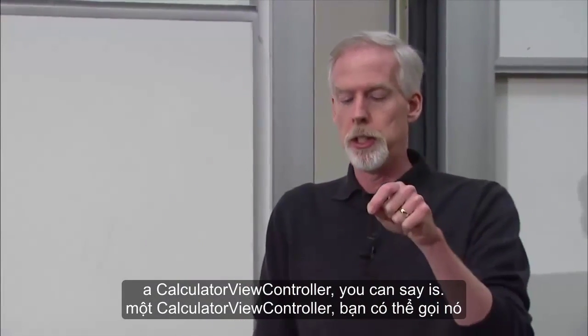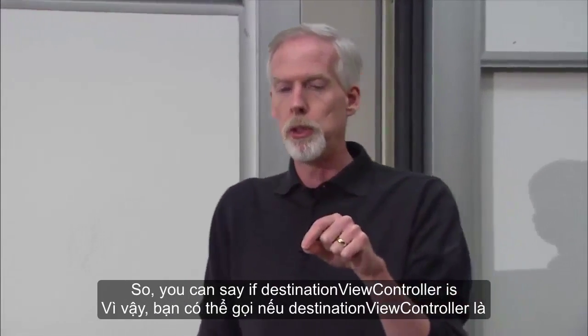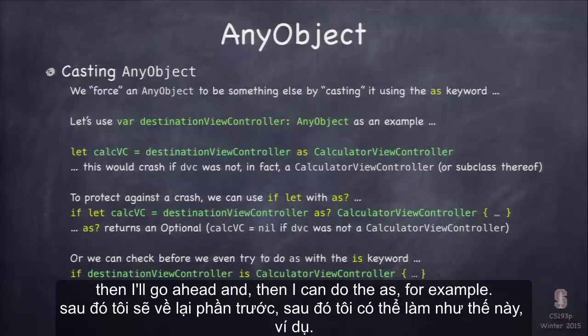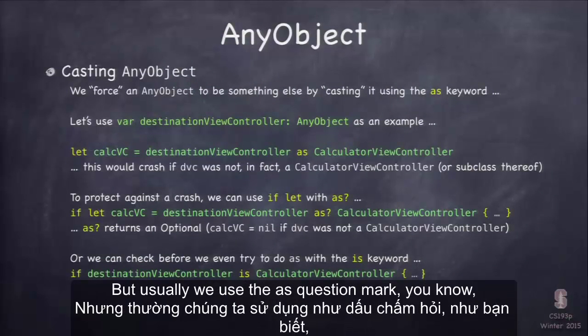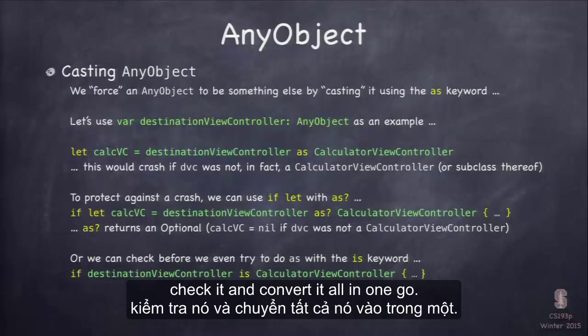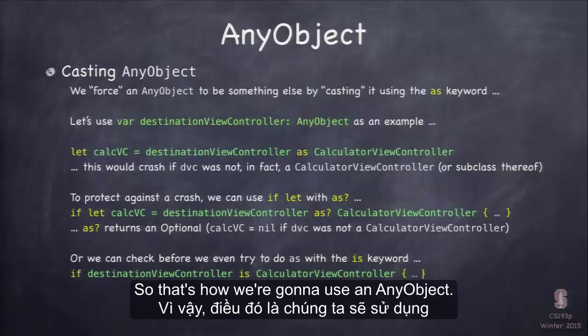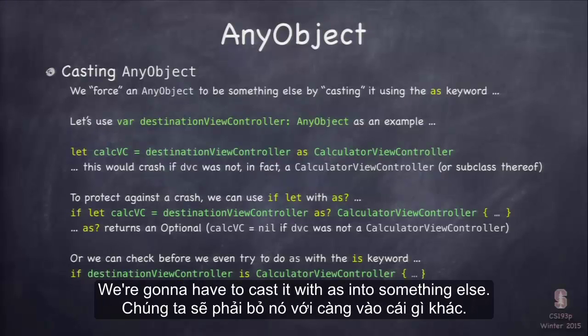You can say is. So you can say if destination view controller is a calculator view controller, then I'll go ahead and then I can do the as, for example. But usually we use the as question mark, check it and convert it all in one go. Okay? So that's how we're going to use an any object. We're going to have to cast it with as into something else.